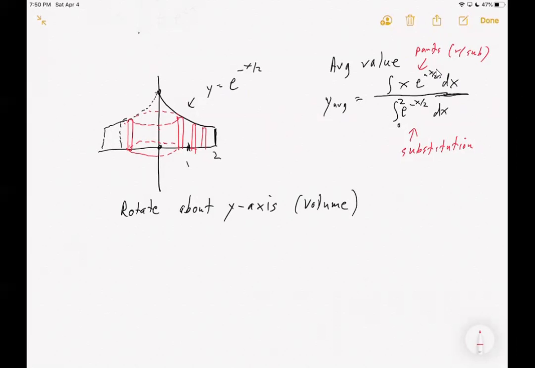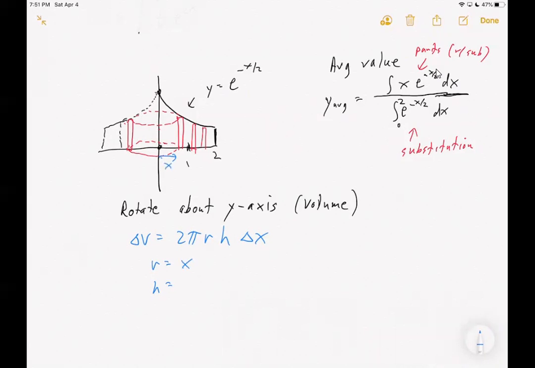So if I were going to do that, I should write out what the volume element is. Delta V for a cylindrical shell is 2 pi r h delta x. Write down what r is, what h is. Well, r is simply how far over the rectangle is, how far it is from the y-axis, and how far something is from the y-axis is just x.